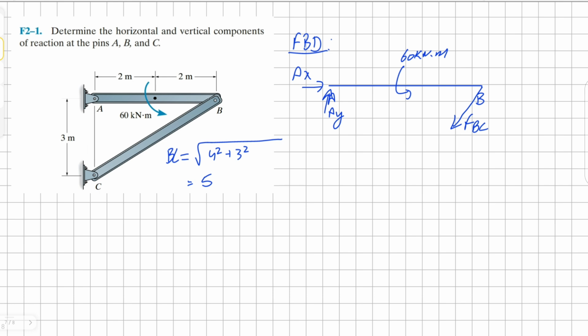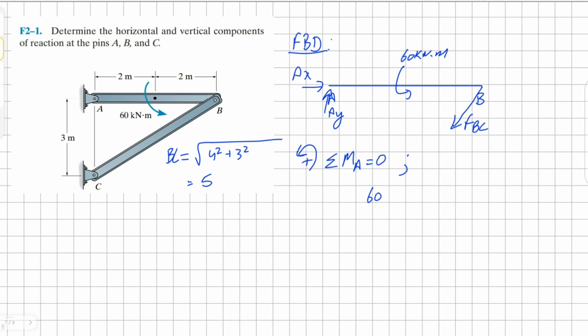Now let's take a moment about the point A, and we're going to assume counterclockwise as positive. When we take moment about the point A, the first moment we encounter is 60, and it's going to be positive because it's going counterclockwise.